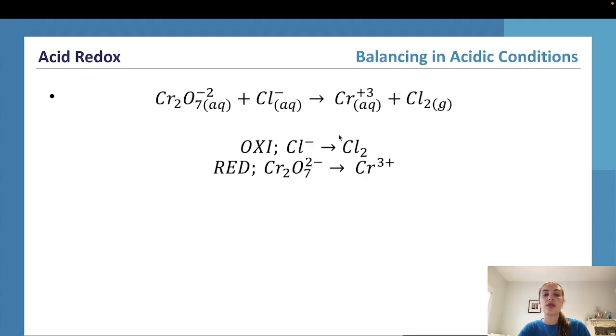So our oxidation reaction is the chloride ion, Cl-, making chlorine gas, and our reduction reaction is the dichromate ions making the chromium 3+ ions. This is because we can see the chlorine is going from 1- to 0.